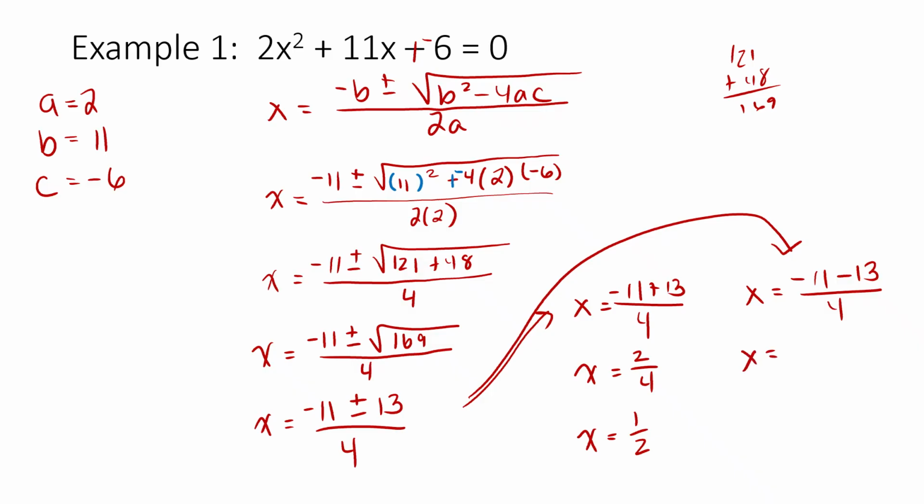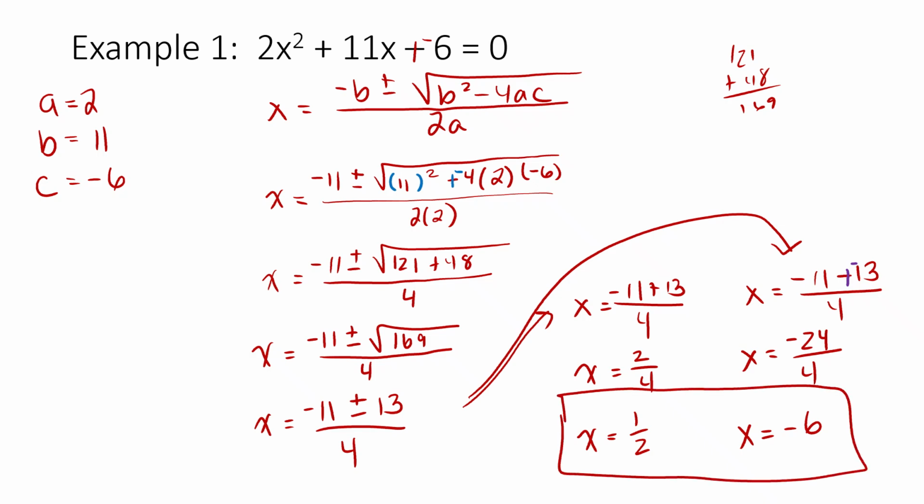And over here, -11 minus 13, or if it helps, -11 plus -13 is equal to -24. And -24 divided by 4 is -6. And if you recall, those match the answers that we knew were right from doing it with the graph.